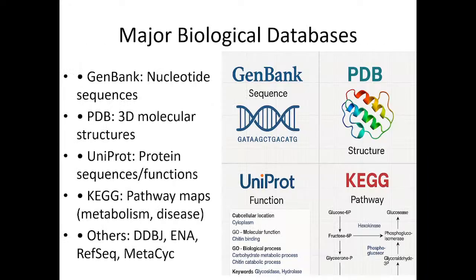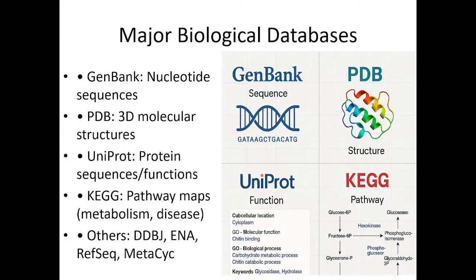Now, what are the major biological databases? As a bioinformatician, as a molecular biologist, as a microbiologist, as well as even environmental biologist. Number one, the major databases are the GenBank, which has to do with storing information that contains nucleotide sequences.